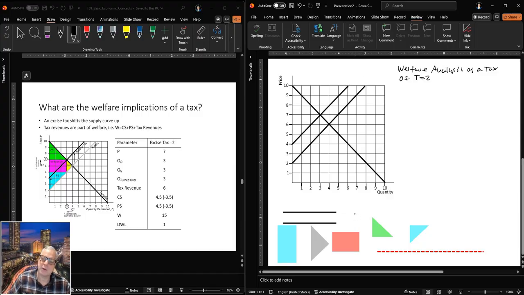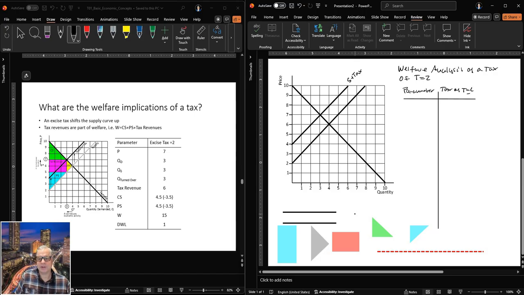So now this here is our supply plus the tax. Okay, so now we do our welfare analysis. So here we have again our parameter and here we have tax of t equals 2.